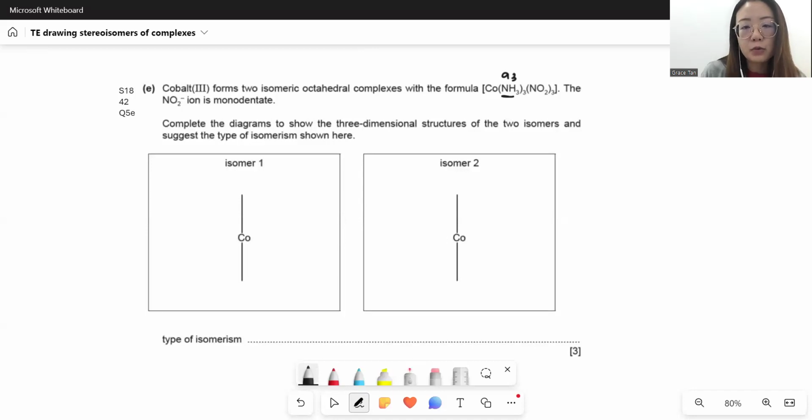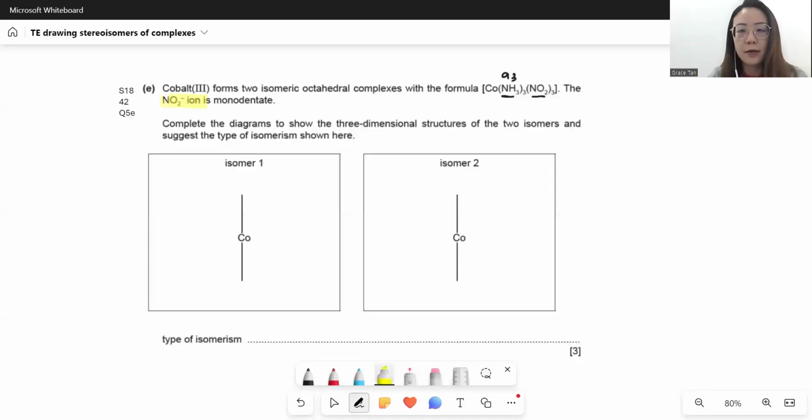Now, NO2, because students are not sure. That's why it's very fair that the examiner says your nitrite ion is a monodentate.